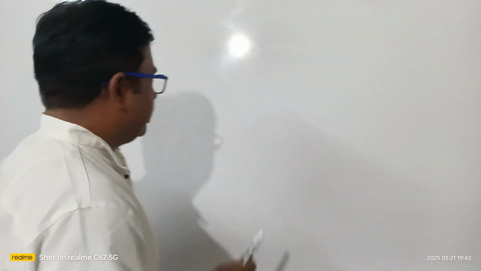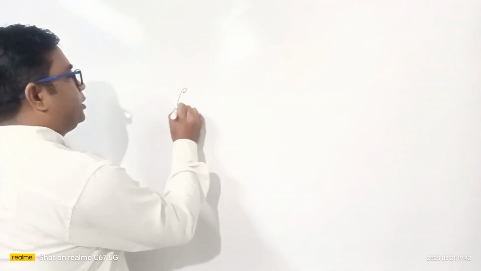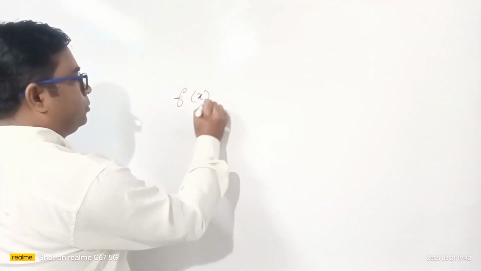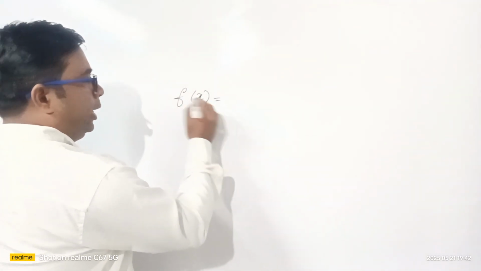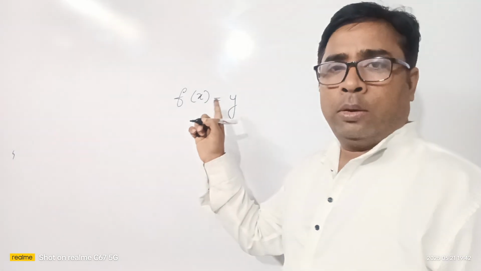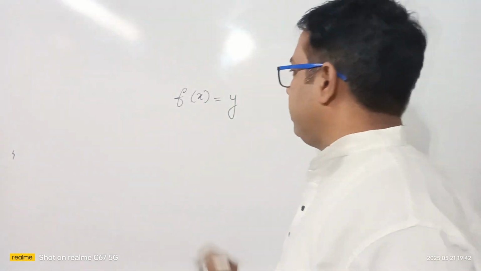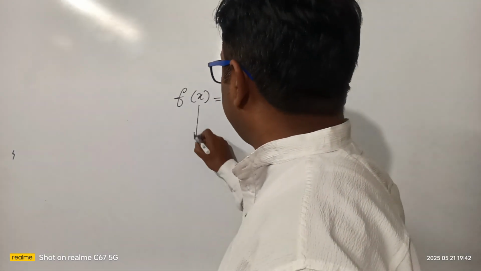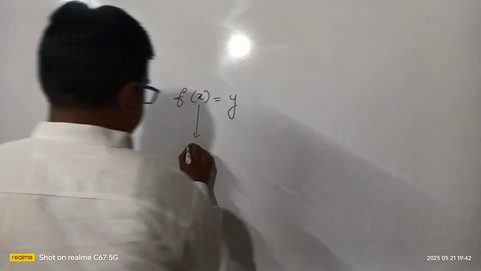Okay, before I start the chapter, let me tell you, whenever we find the domain and range of a function, what do we actually have to do? See, suppose we take a function f(x), and f(x) means it is y. Whenever we calculate the domain of this function, we find the interval of x.